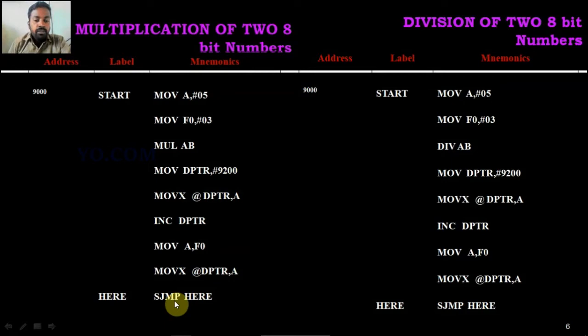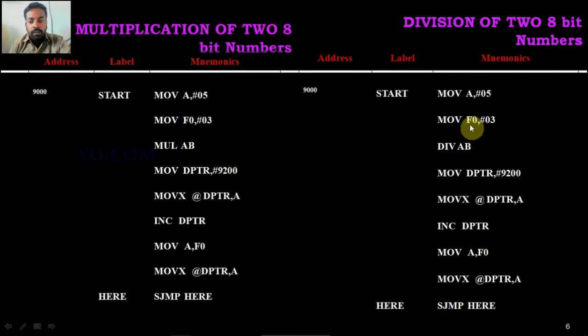Here each address can store 8-bit data only. So the lower 8-bit is stored in the first address and the higher 8-bit is stored in the second address, that is 9201. How is it incremented? Increment DPTR increases 9200 to 9201. This is a multiplication operation.